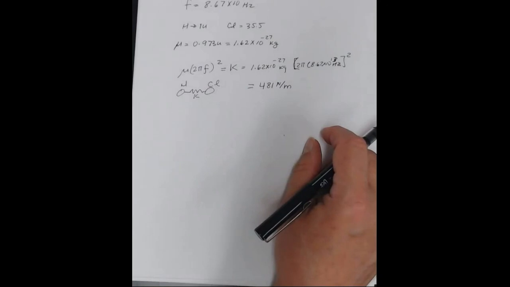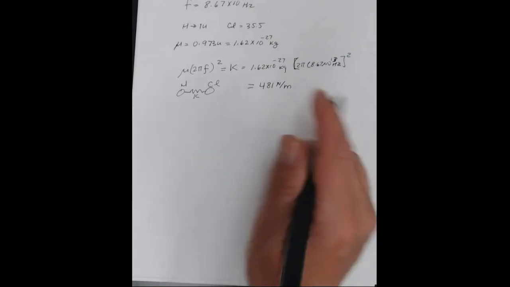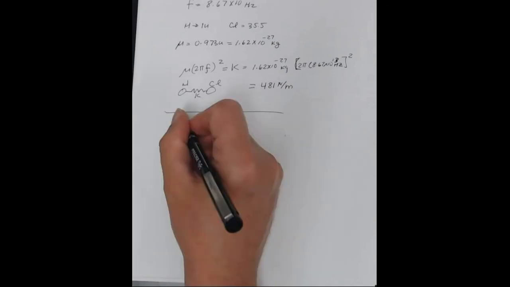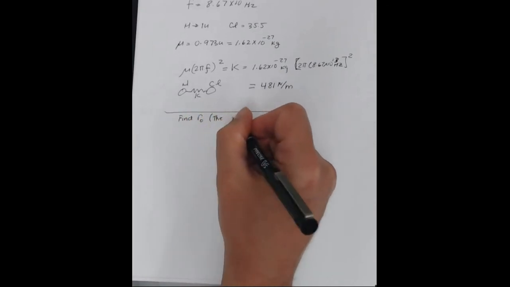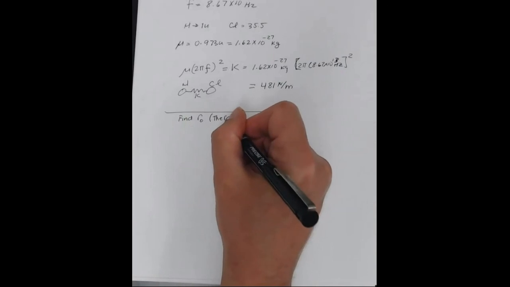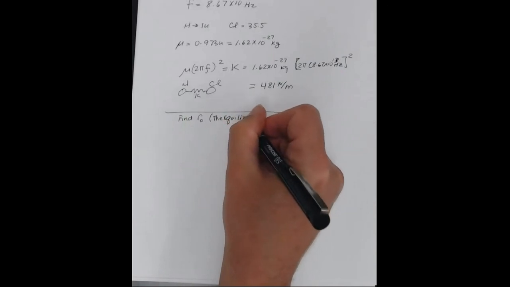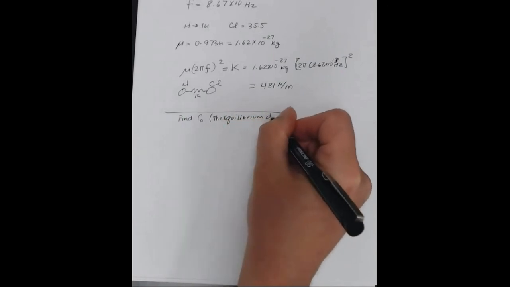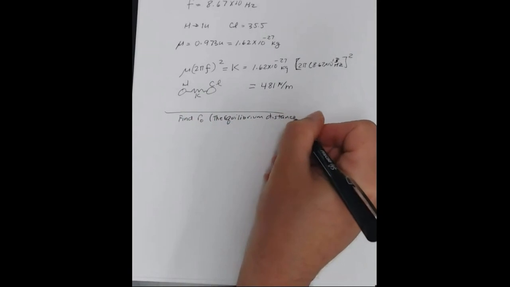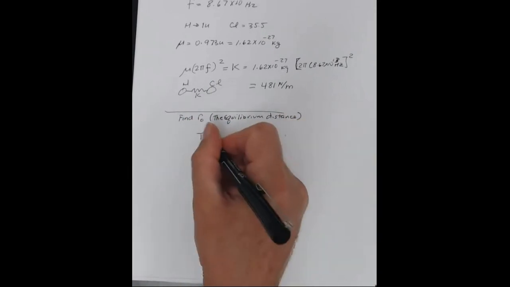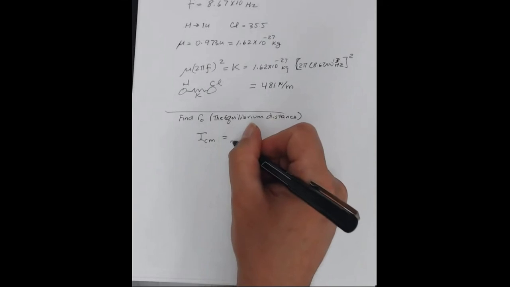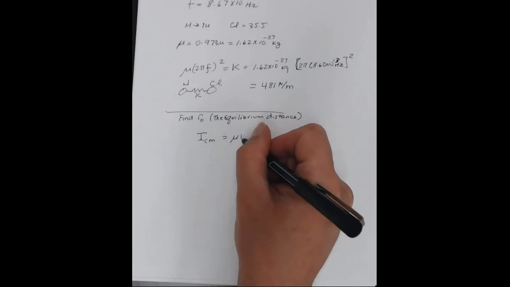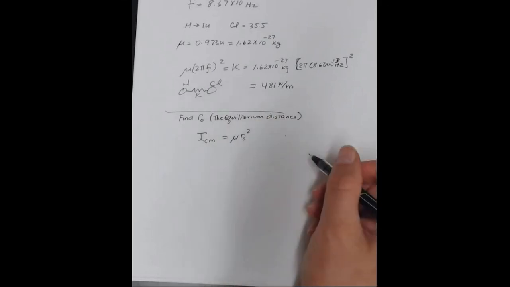Okay, let's see if we can find R naught. So let's find R naught, the equilibrium distance. So first we're going to use the fact that I center mass for this is the reduced mass times R naught squared.